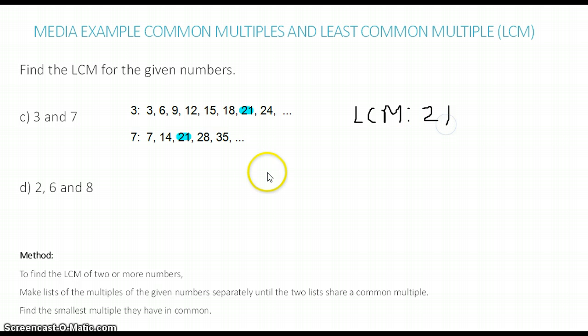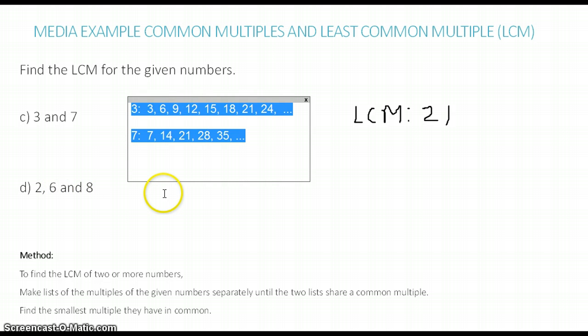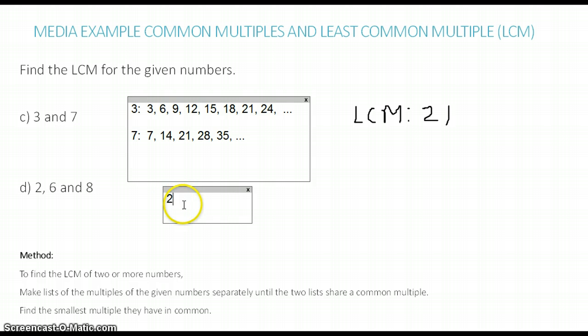Okay. Last problem, we have 3 numbers, and we're just going to have to make 3 lists. Okay, so starting with 2, 2, 4, 6, 8, 10, 12, 14, 16.